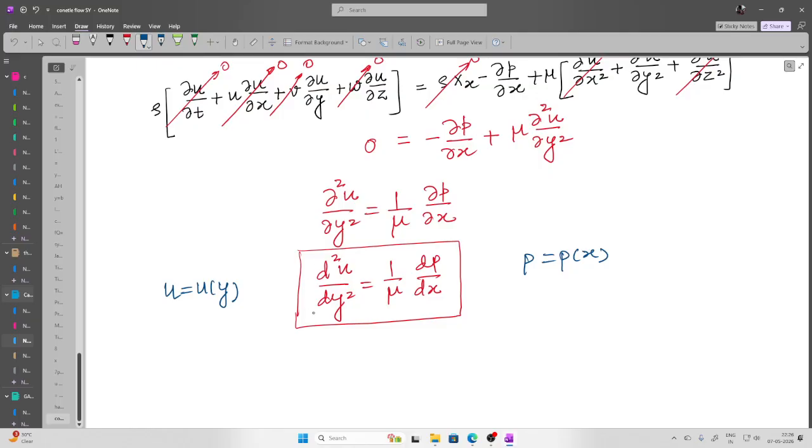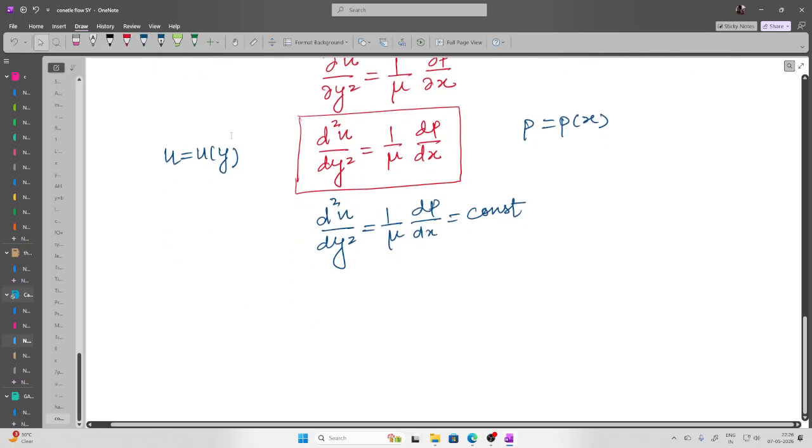Similarly, as u is a function of y, its derivative as well as second derivative can either be a function of y or a constant. But this is a derivative of y, this is a derivative of x. So in what condition will they be equal? Only and only when this or this is a constant. So therefore, d2u by dy2 will be 1 by mu dp by dx, and this is nothing but a constant. So the right hand side will be acting as a constant.